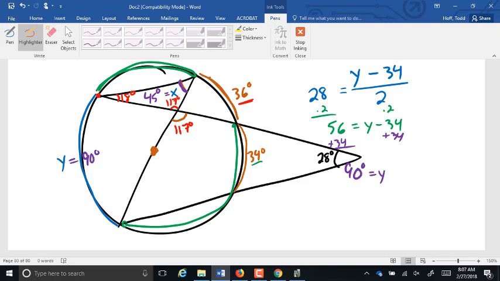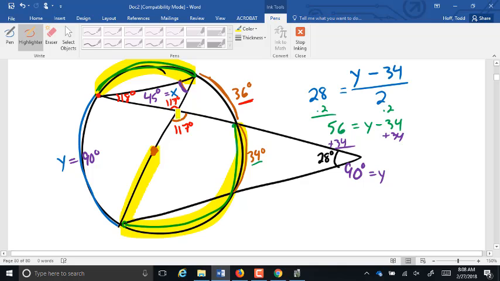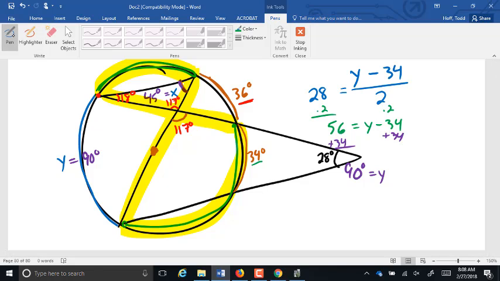To do that, what I'm looking at is I have this arc and this arc that are formed by those two intersecting chords, right? So I know that those angles are the average of those two arcs. So I can find this arc over here because this across here is a diameter.